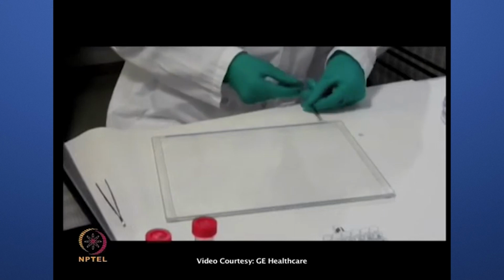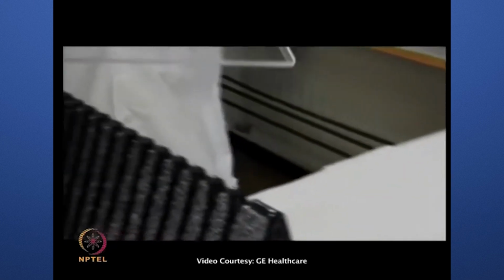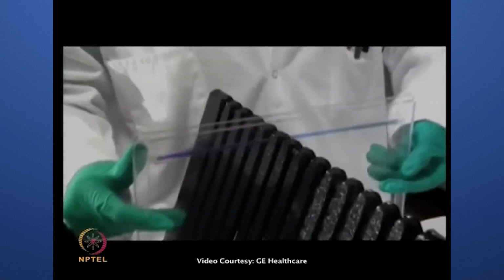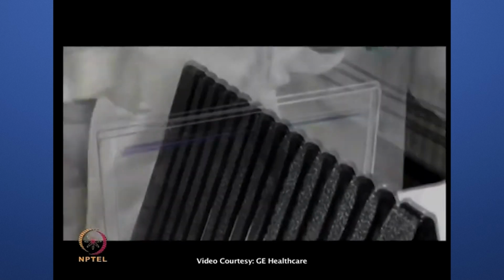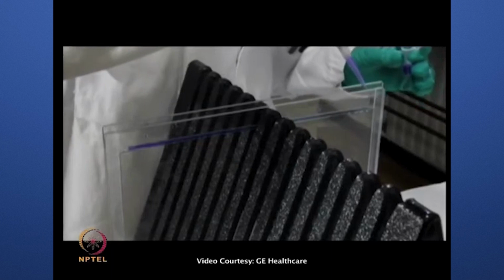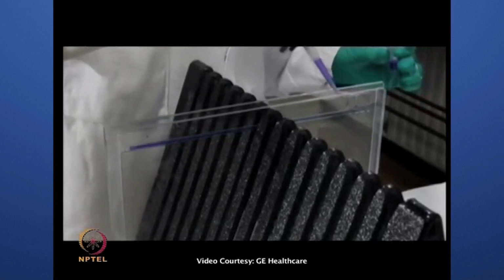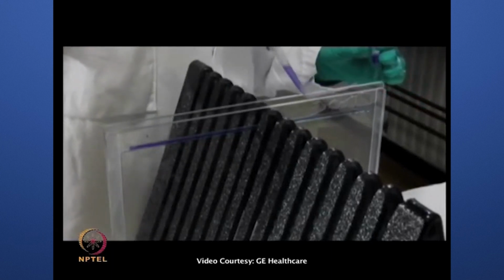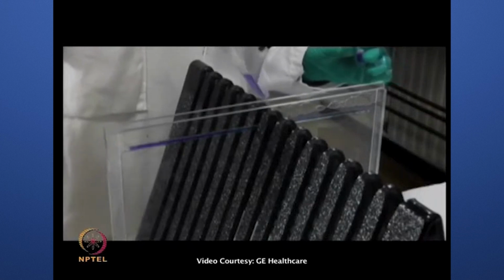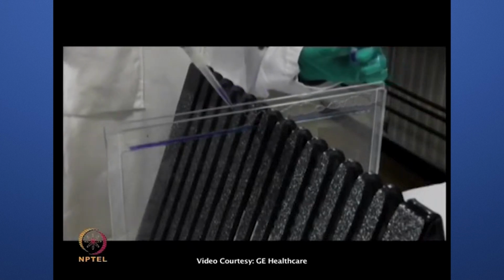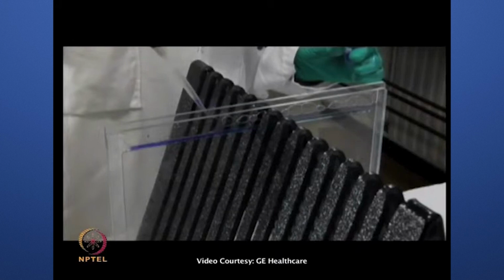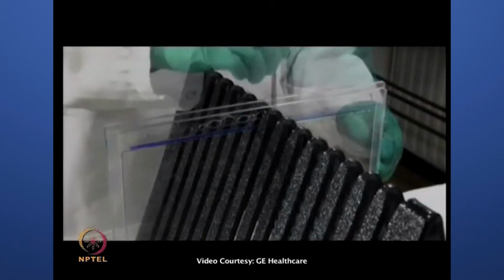Avoid trapping air between the strips and the gel. Seal by adding melted 2% agarose solution with bromophenol blue on top. The gels are now ready for second dimension SDS-PAGE separation.